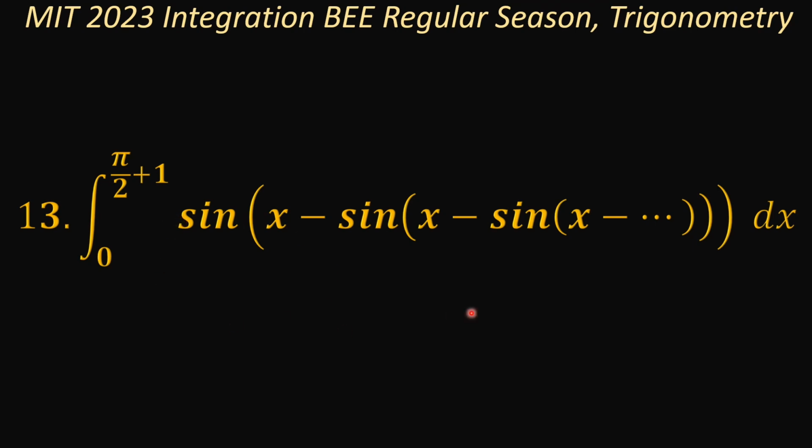So this is a very interesting problem, and it's one of those very complex problems that it's even very hard to use online tools or software to try and solve it.